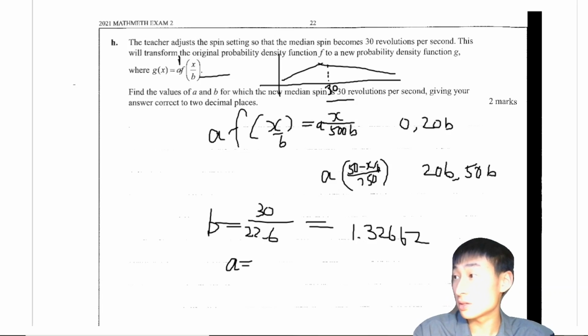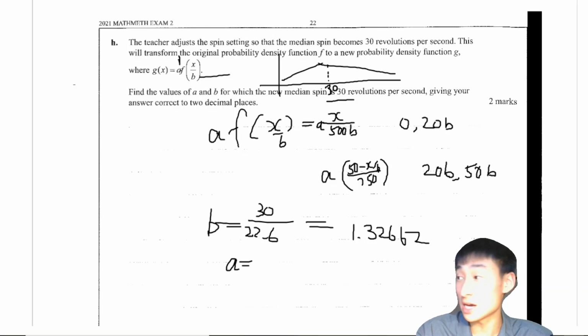x, plus the integral from 20b to 50b of a times 50 minus x over b, over 750, dx, is equal to 1.